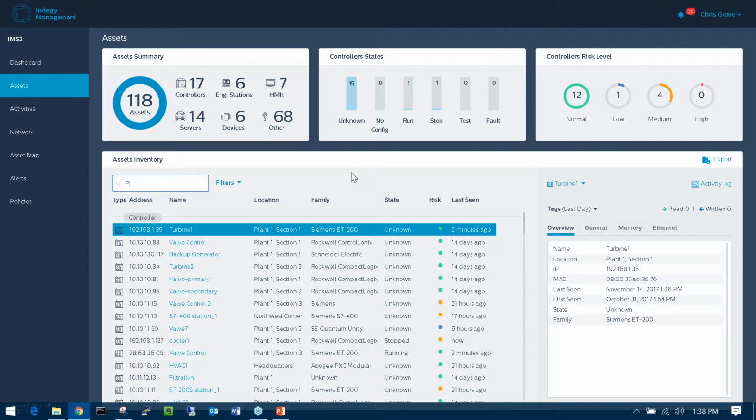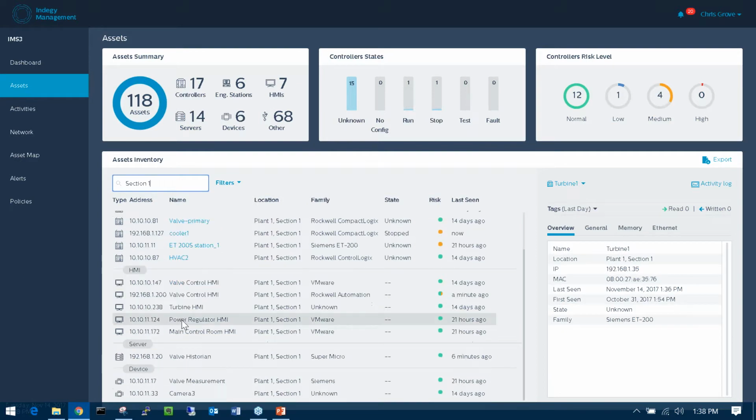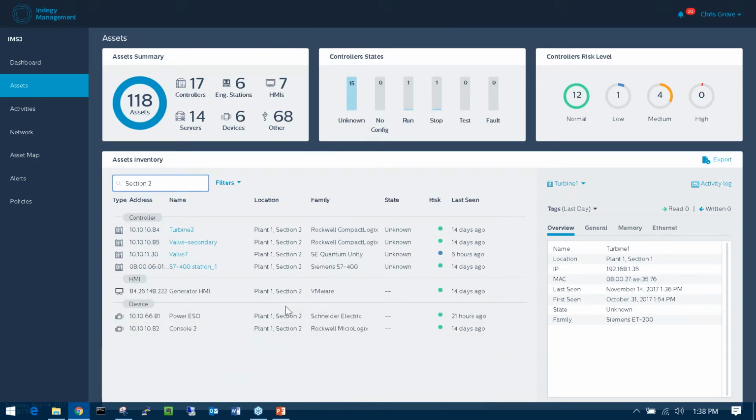So for example, if I just want to manage a particular plant, I can view my asset inventory at a plant level and see what's there. If I just want to manage a particular section of my plant, I can instantly see all of the controllers, the HMIs, the servers, etc., that are in section 1 of my plant. Here's section 2 of my plant.